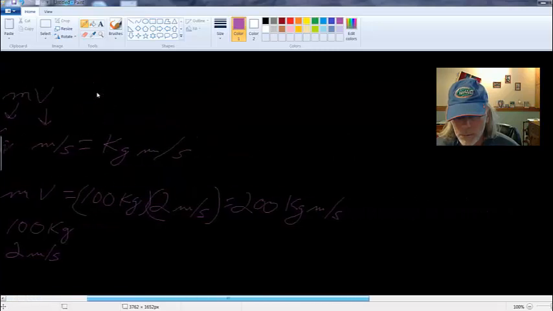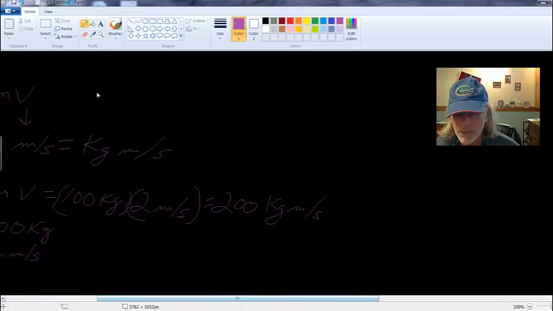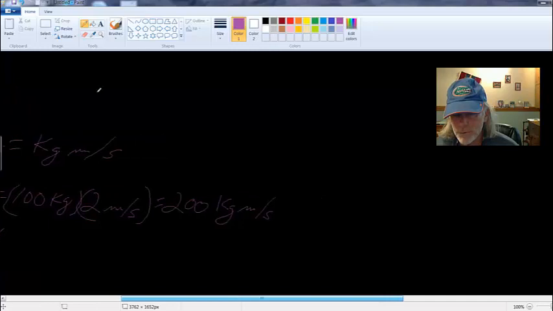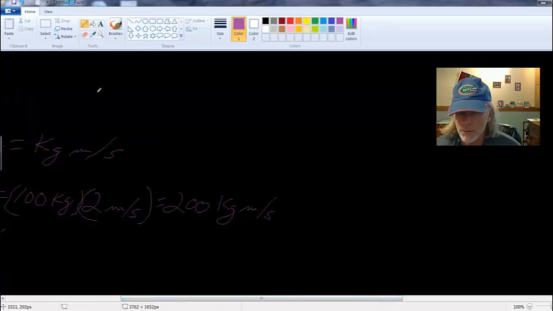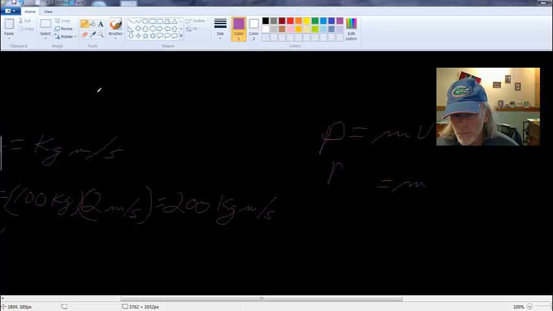If you look at this, we can solve for a lot of different variables. This is very similar to force. We should be able to solve for all of these. So momentum equals mass times velocity. Given 2 out of 3, we can solve for mass: mass equals momentum divided by velocity.